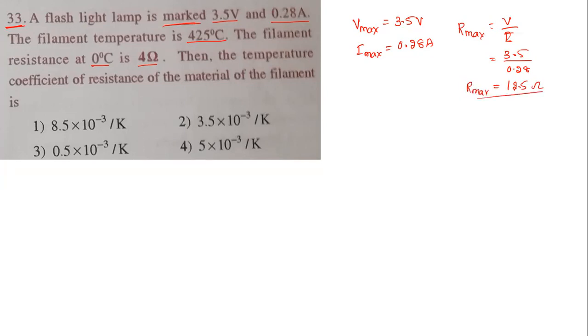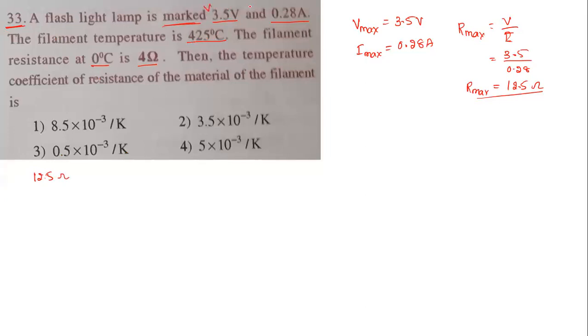Now, 12.5 ohm, 4 ohm. At 12.5 ohm, what will the temperature be? 425, right?